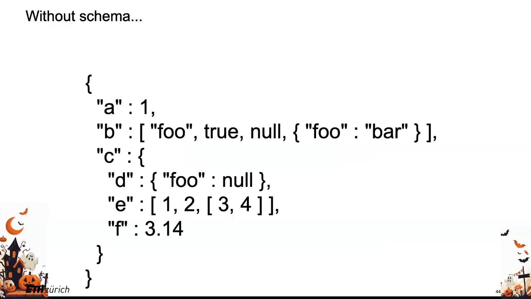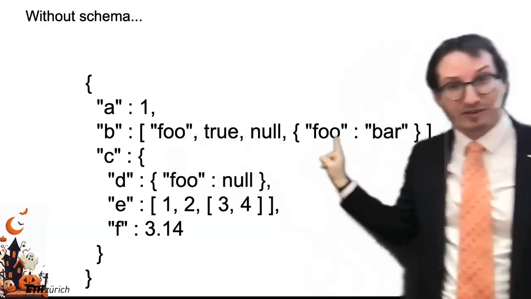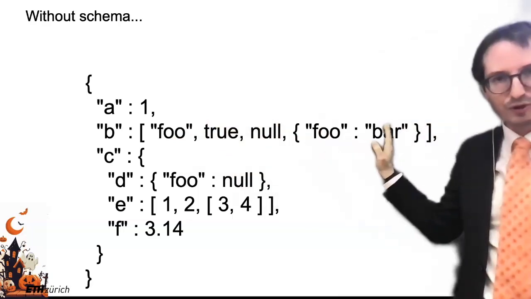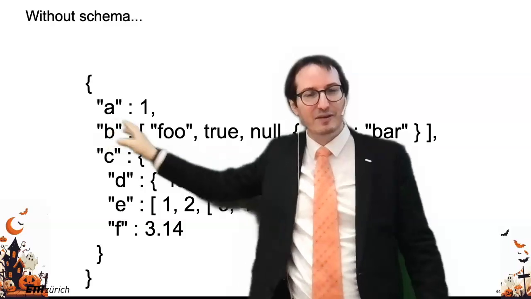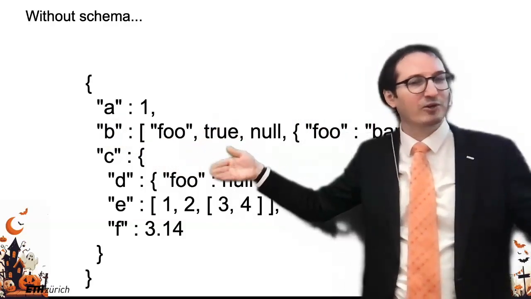Okay, so that's an example of documents that would be difficult to validate or to create a schema for. Why am I saying that? Because you see in this array here, there's a bit of everything. You have a string, you have a Boolean, you have a null, you have an object. So if you would like to specify what kind of type it is, you would say it's an array of whatever. But you cannot really say an array of what.